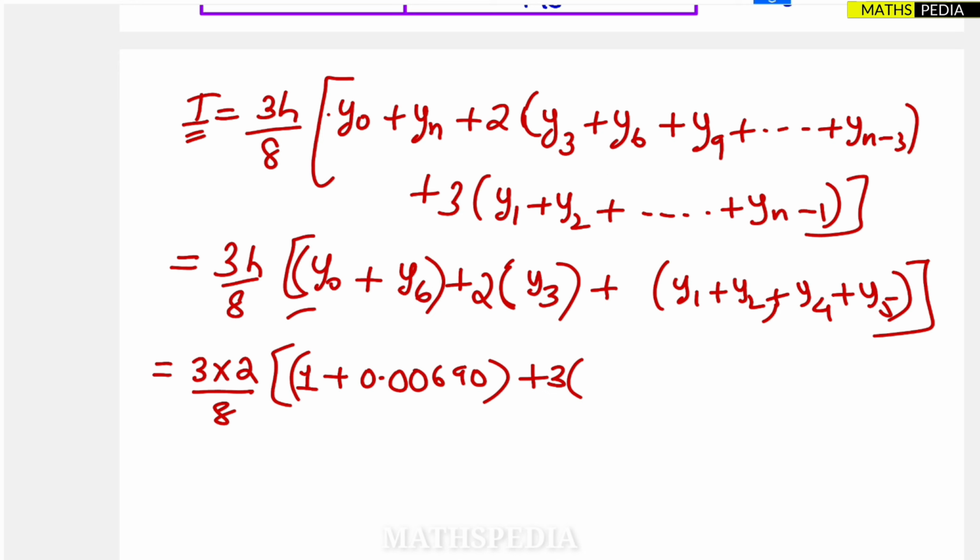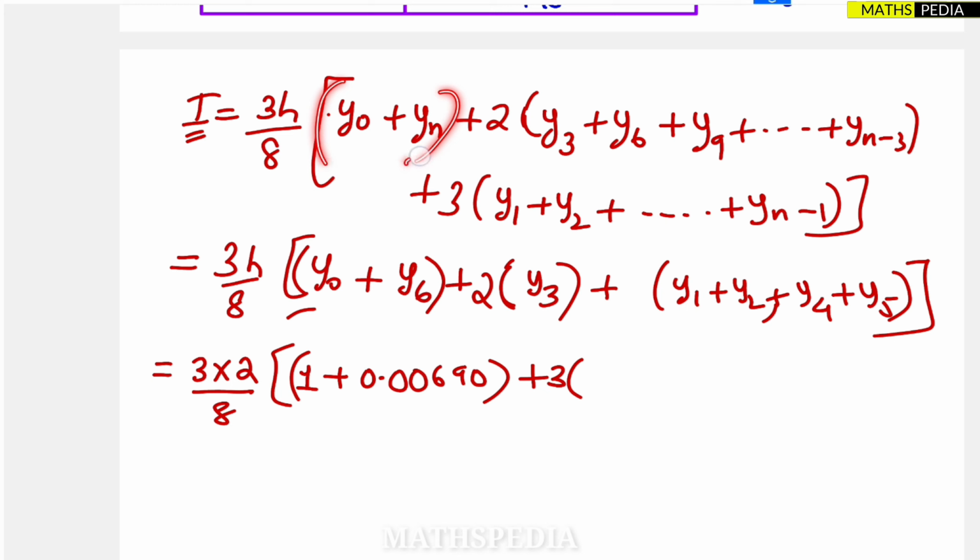As I said before, in the formula the terms won't be repeated. That's why you have to write the formula in the correct order: first term, last term first, then 2 into the 3 multiples, then 3 into the rest of the terms.